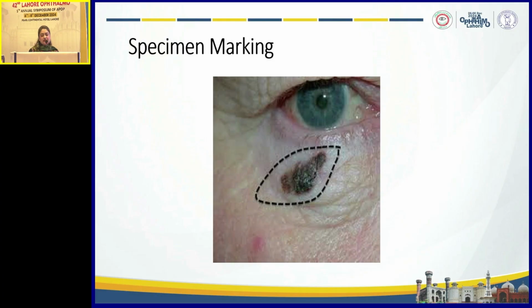If the lesion does not involve any landmark, then mark all margins along the anterior, or along with the anterior and posterior surface. Care must be taken to avoid crushing of tissues at the lesion margin.